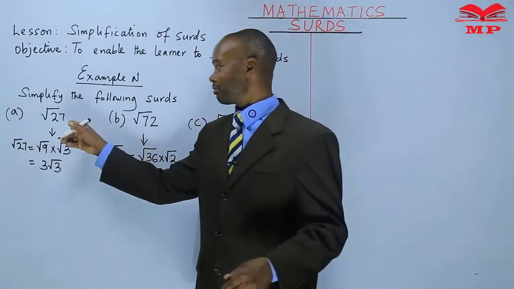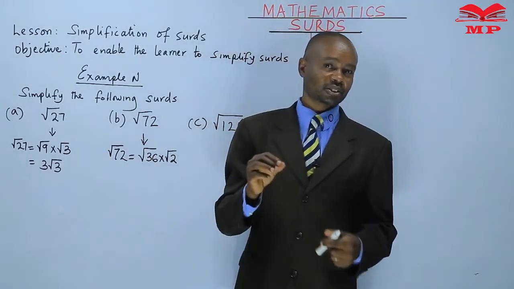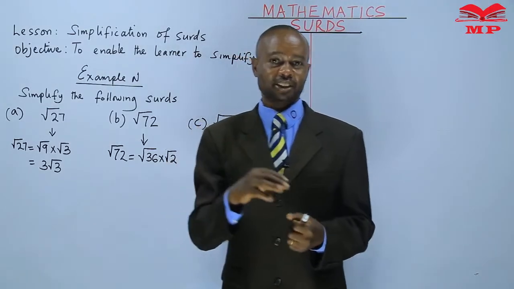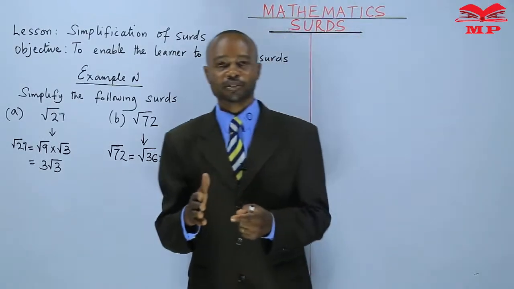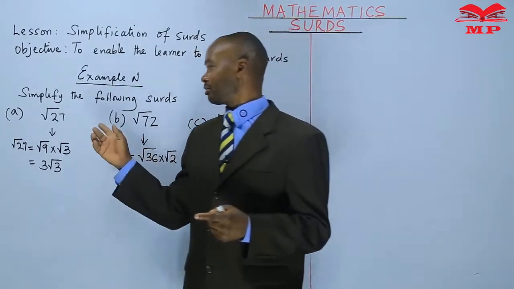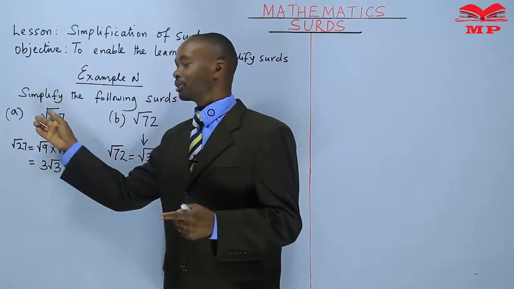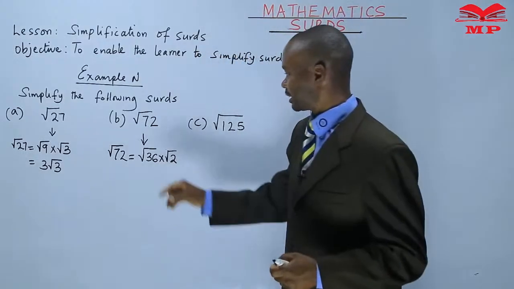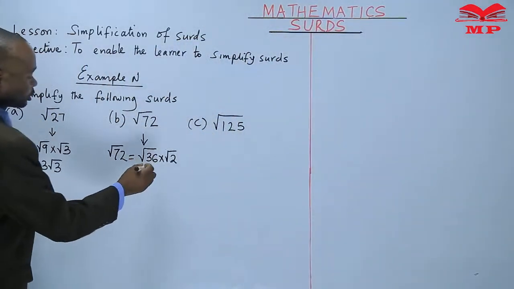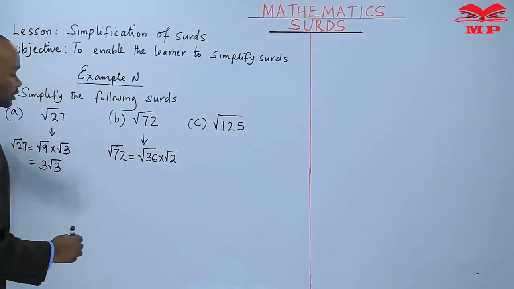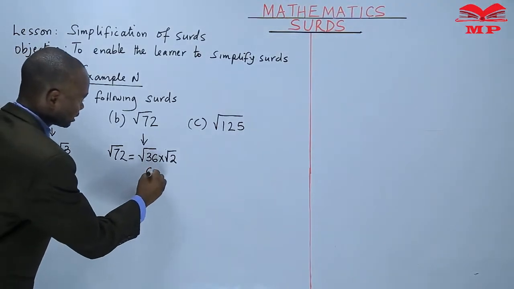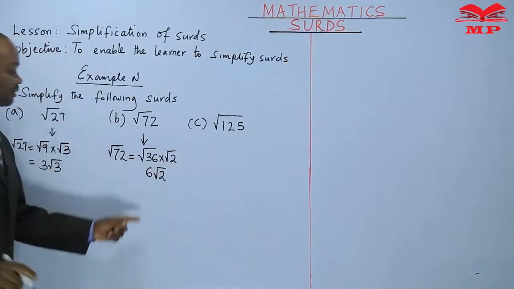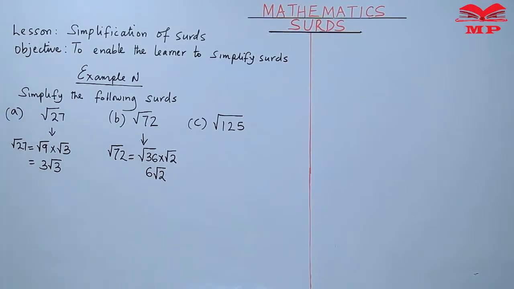Once you are given a number like 27, you know within 27 we have 9 times 3. So in most cases you are taking out a number that has a perfect root outside the root sign. For our case here, 36 is a perfect root. Square root of 36 is 6, Lana. So the simplified form of that surd is 6 square root of 2.